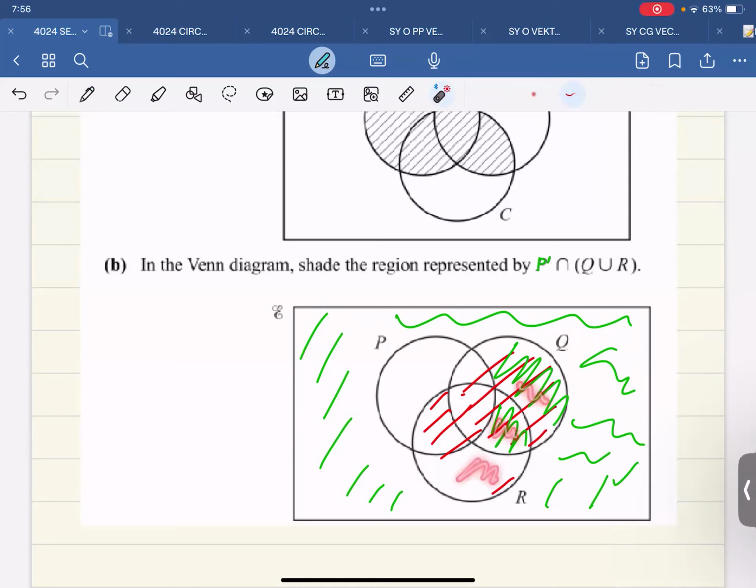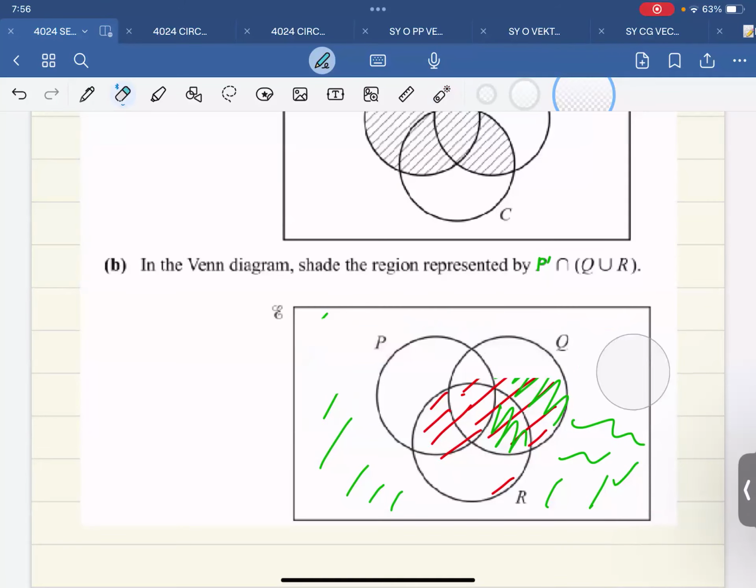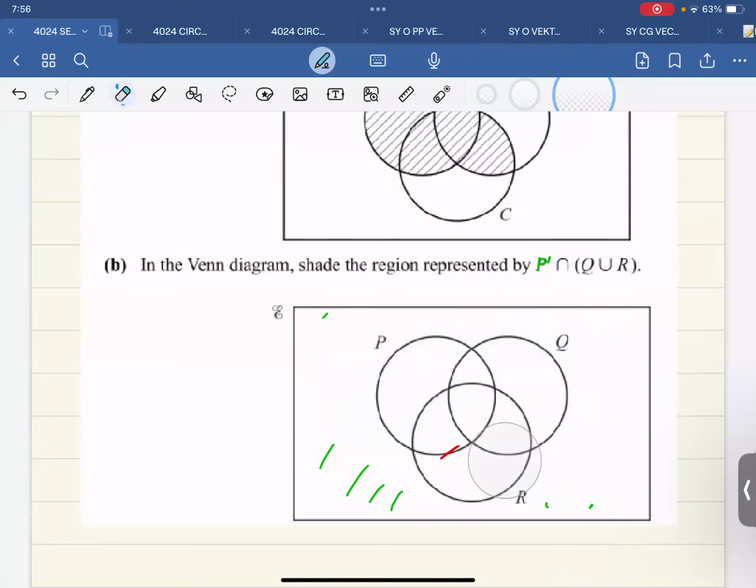So let me just shade it once and for all. Therefore, the answer over here is this thing. That is P complement intersecting with Q union R. So Q union R is a lot of things, but we are intersecting with P complement. So let me shade this region, and once this is shaded, of course, I should shade this region also.